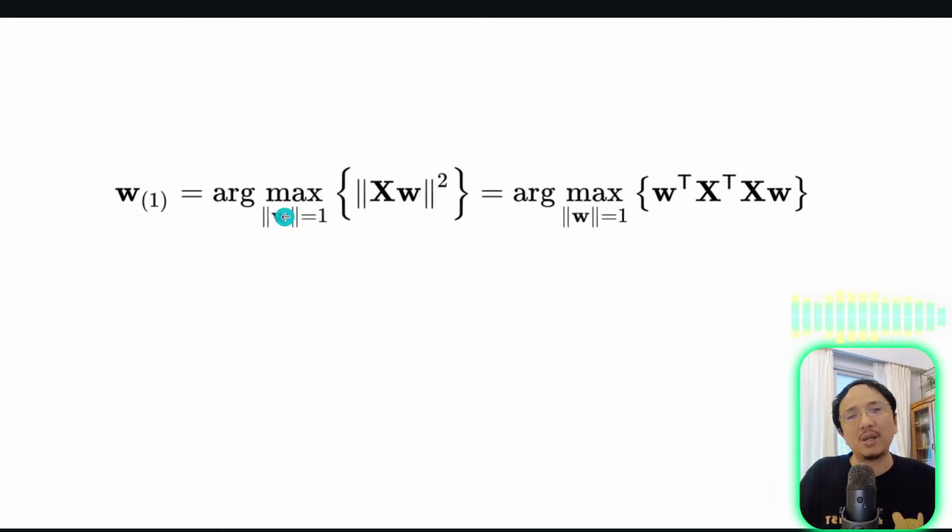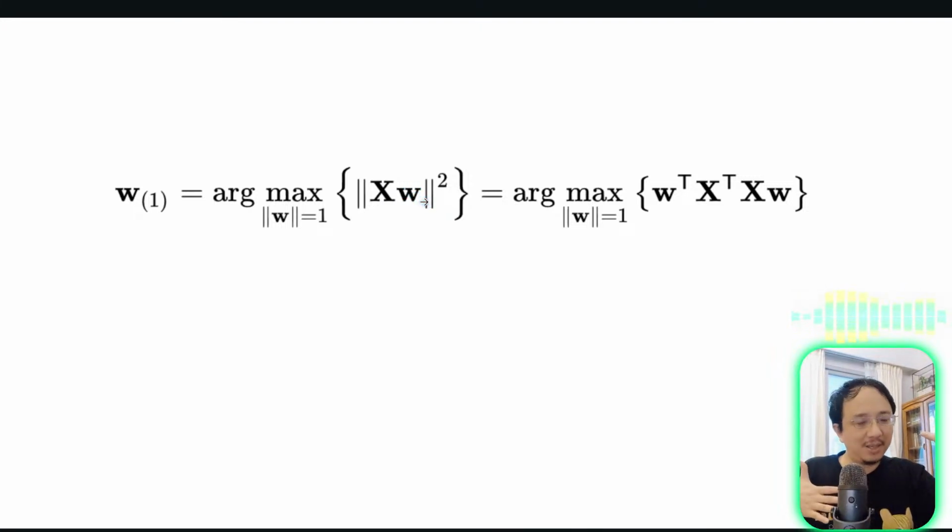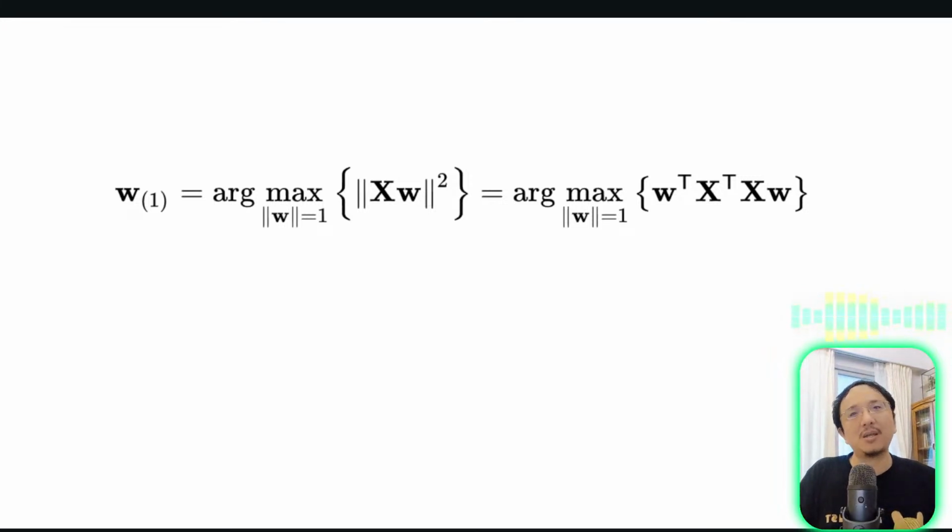So we are choosing the max direction. We scan through all the directions. For each direction, we are mapping all the data onto that direction, and we can see how much is left on this direction. It looks like an inner product.